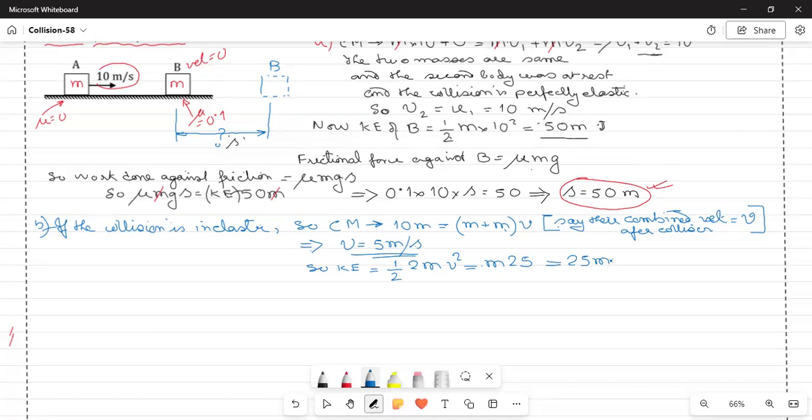So this time, what is the friction? There is the catch of this whole problem.